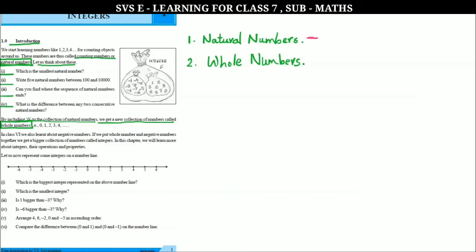Number 3: in class 6th, we also learned about negative numbers. Another keyword, number 3, negative numbers.